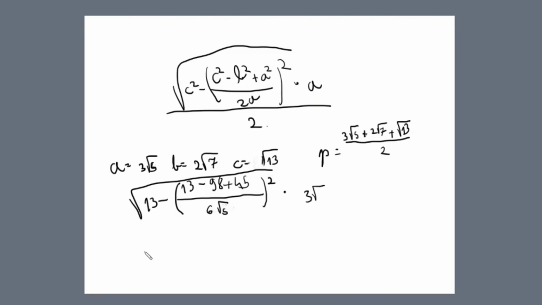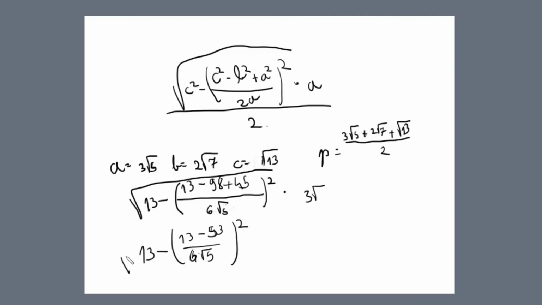Okay, so we're going to have 13 minus, that'll be 53, all over 6 square root of 5, everything squared.